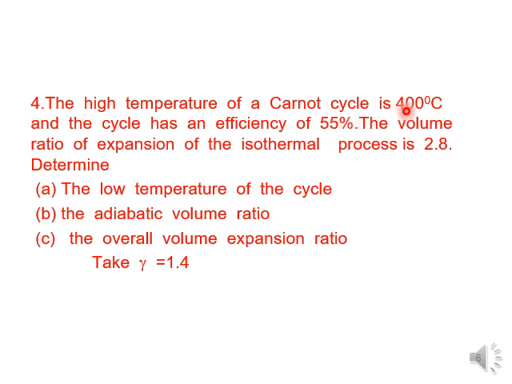We know the T1 value and the efficiency value. By using this formula, we will get the T2 value. The volume ratio of expansion, so expansion ratio volume is nothing but V2 by V1 of the isothermal process, is 2.8. Calculate the low temperature T2, adiabatic volume ratio, overall expansion ratio.